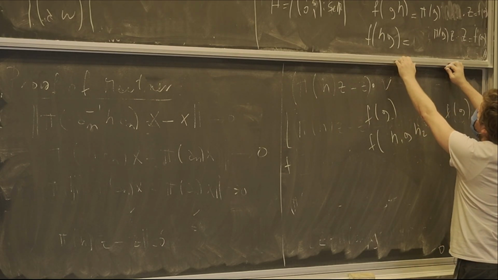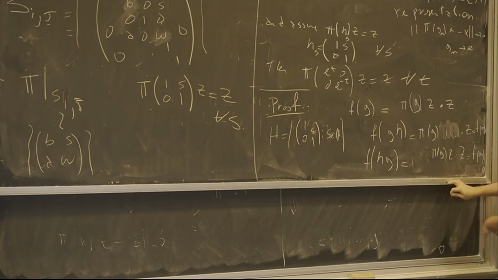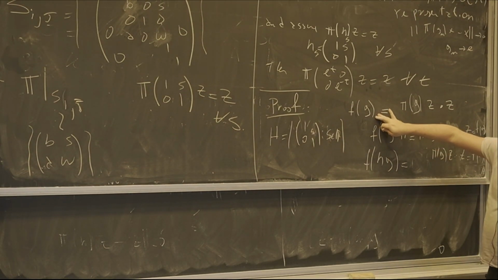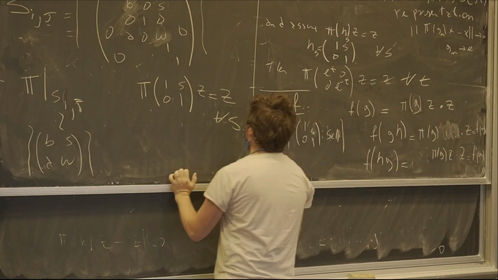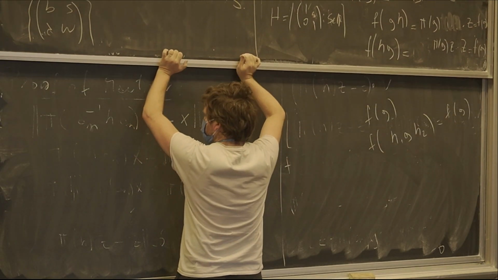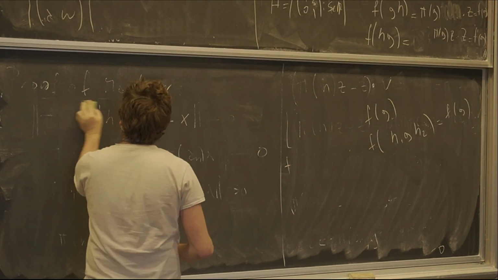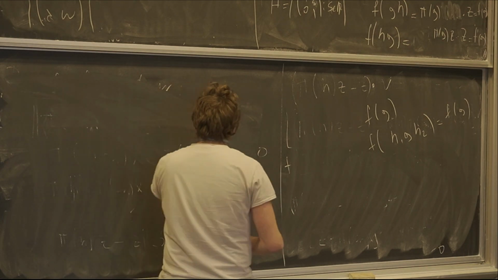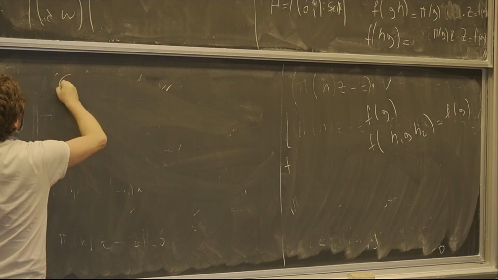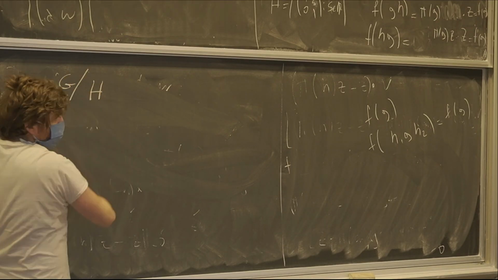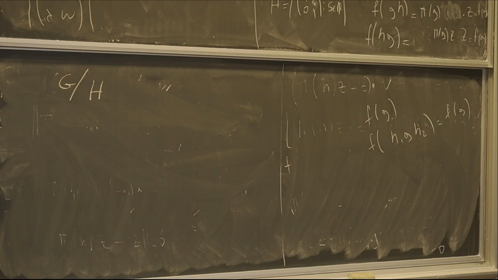But I need one more observation, which is that this function f of g is a continuous function, and this is because of the strong continuity of this guy. And here is really the beauty. So I can consider the quotient G mod H, which is not a compact quotient.